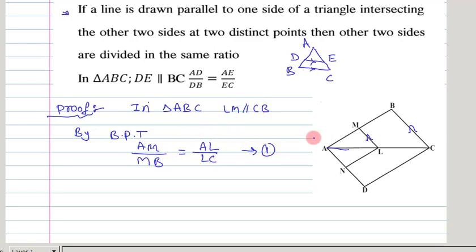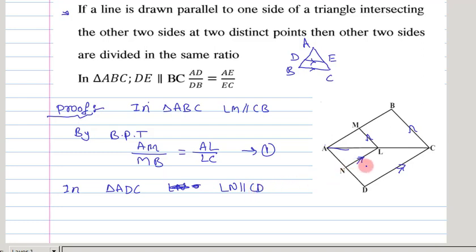Now, if you go to the lower part of AC, we have another triangle, triangle ADC. In triangle ADC, they mention that LN is parallel to CD.